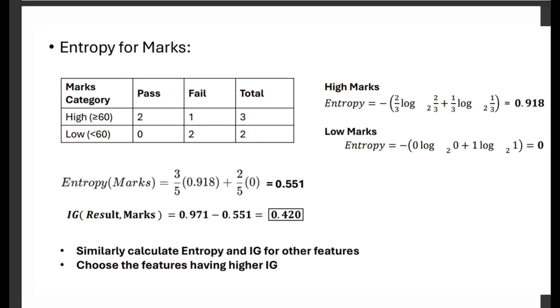Now calculate the entropy for high marks and low marks. So as a result, the entropy of marks is given as 0.551. Now from that calculate the information gain of both result and marks, and that we will get as 0.420.